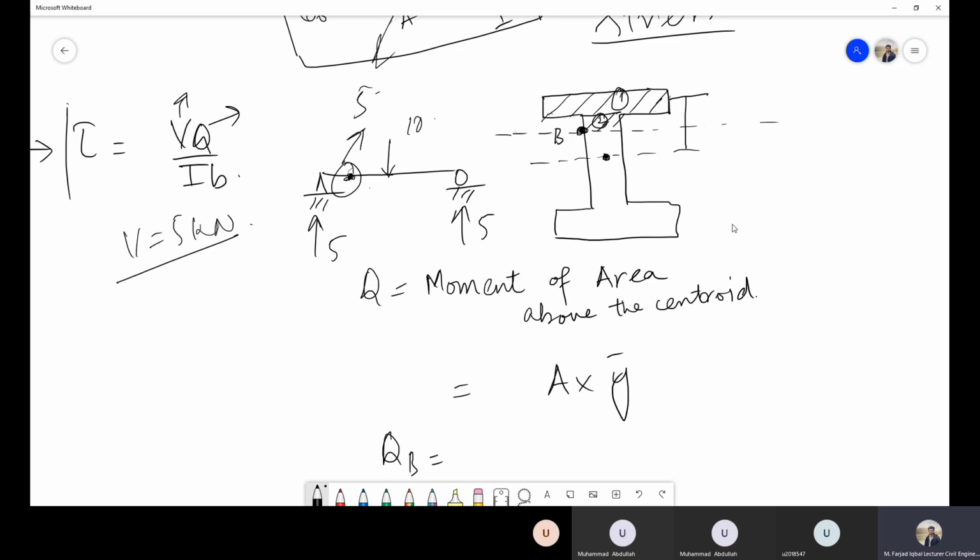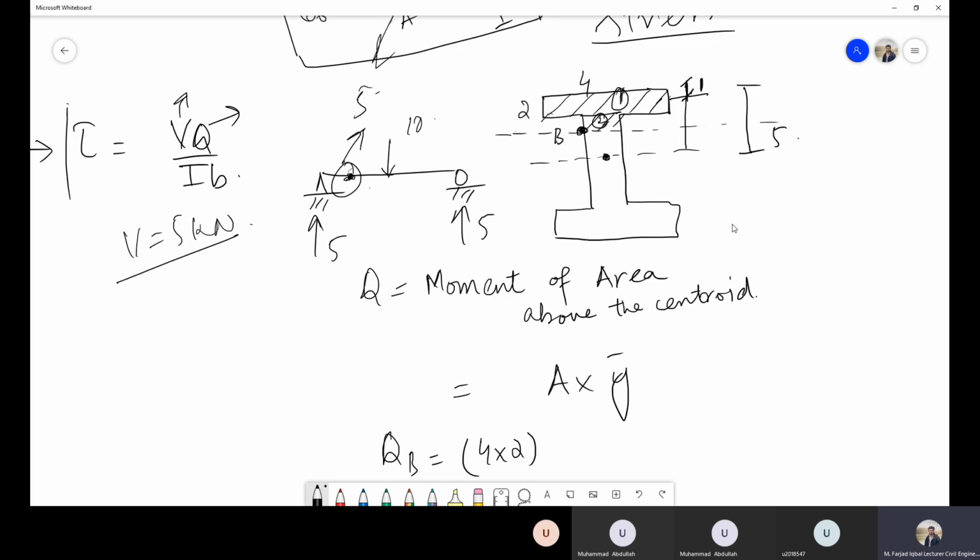It will be the moment of this total area. So I will divide this area into two parts, this 1 and this 2. And if this distance is 4, this distance is 2, what will be the area of this one section? That will be 4 into 2, right? And if let's say this total distance is 5, what will be this distance from the centroid of this area? That will be 1.